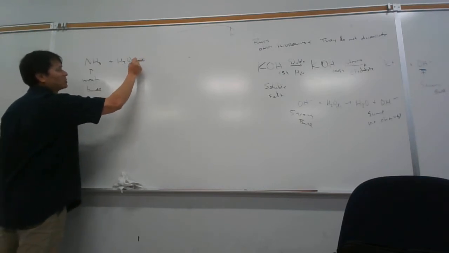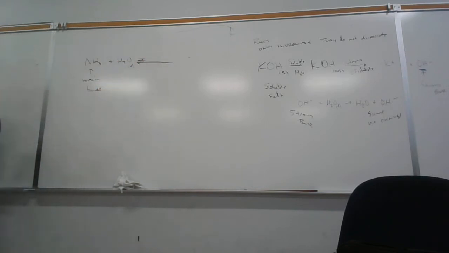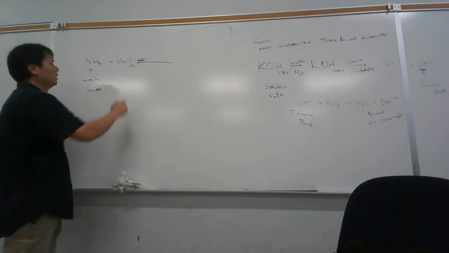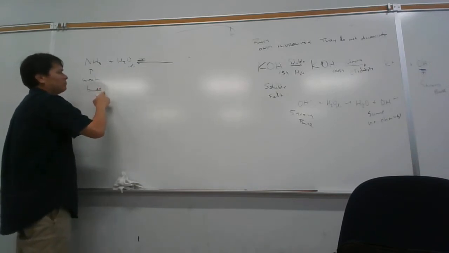Weak base is partially, so this is uphill. The downhill direction is to the left. Do you know what we form? Well, bases, in this case, this is going to take an H plus. Bases want H plus.